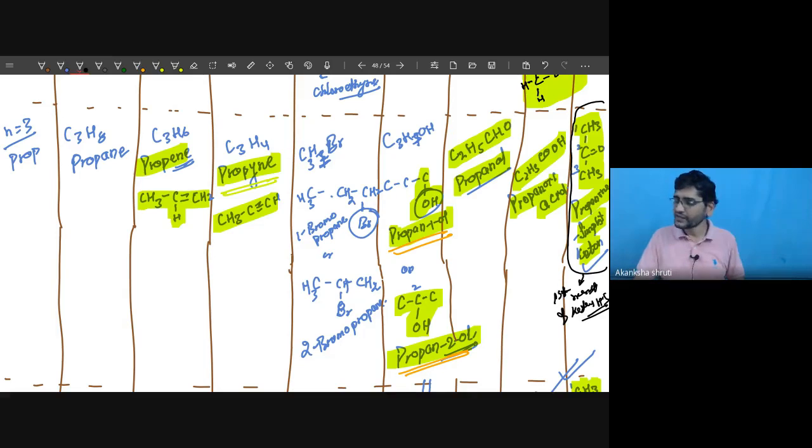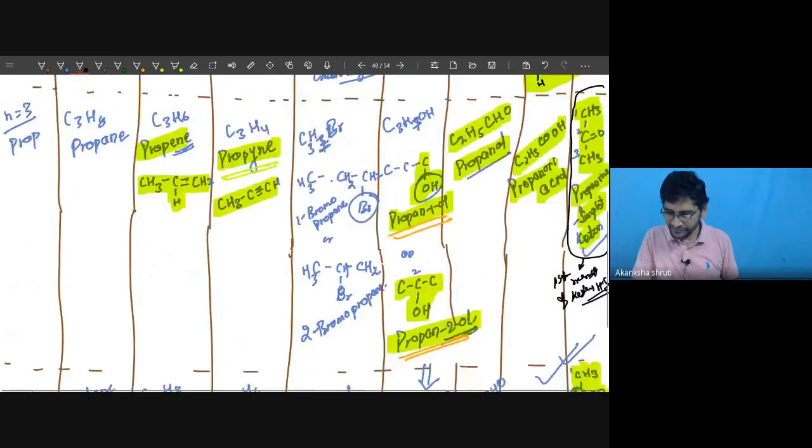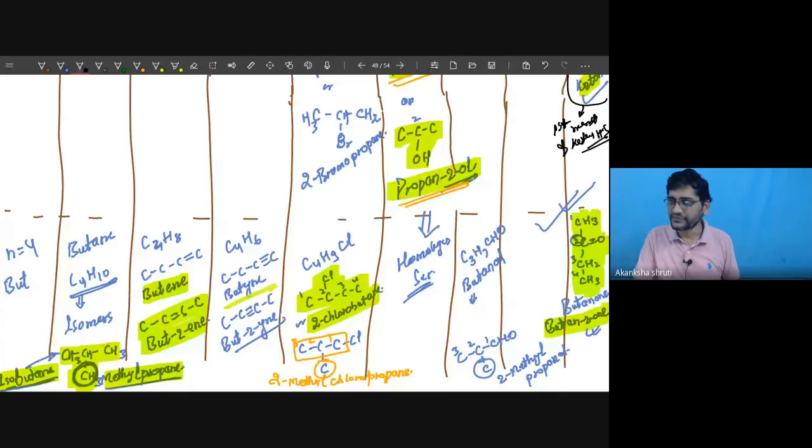So these things you have to keep in mind: which homologous series will start with which member. But for aldehyde and carboxylic acid, n equals 0 is also possible. Okay, students? So observe this table carefully. I have explained everything. So this was all about our homologous series.